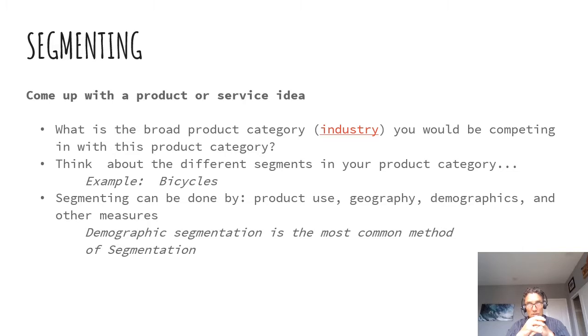And demographic descriptors tie into the media that we're going to use to reach that target audience, because different media vehicles are delivering different types of demographics. If you're watching ESPN, you're most likely a male.